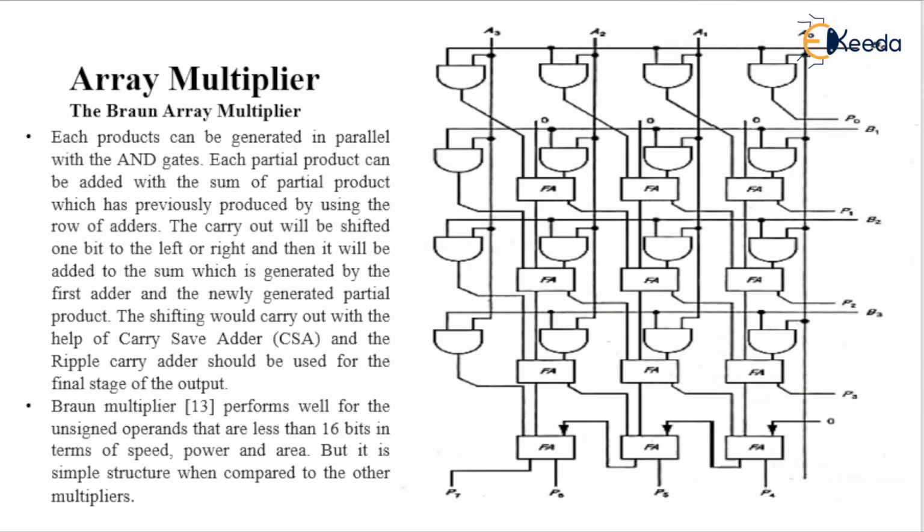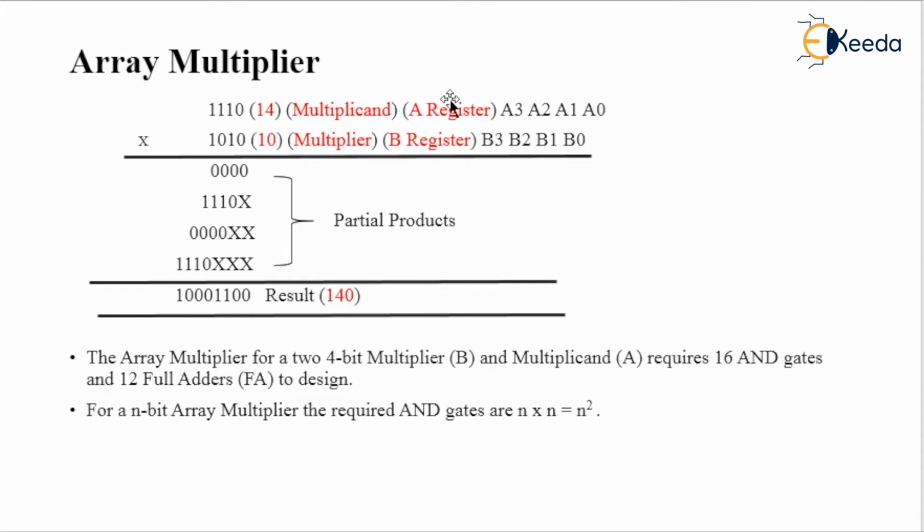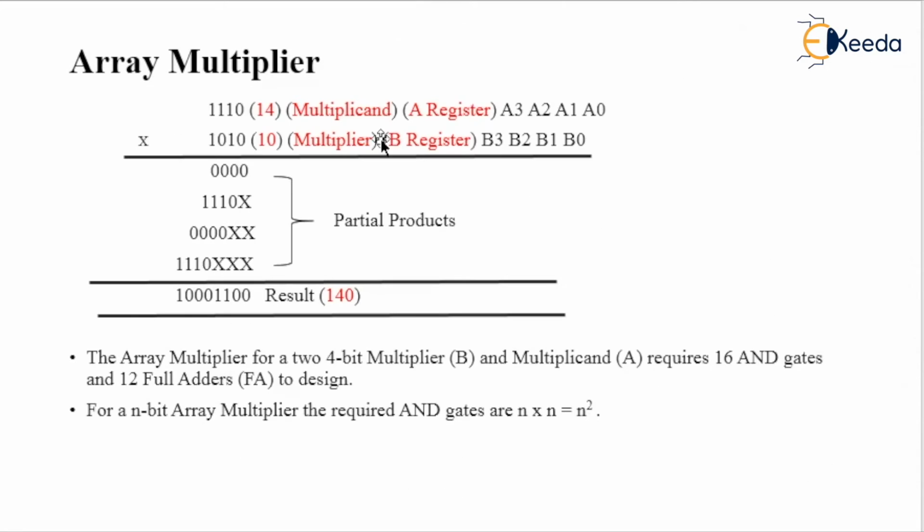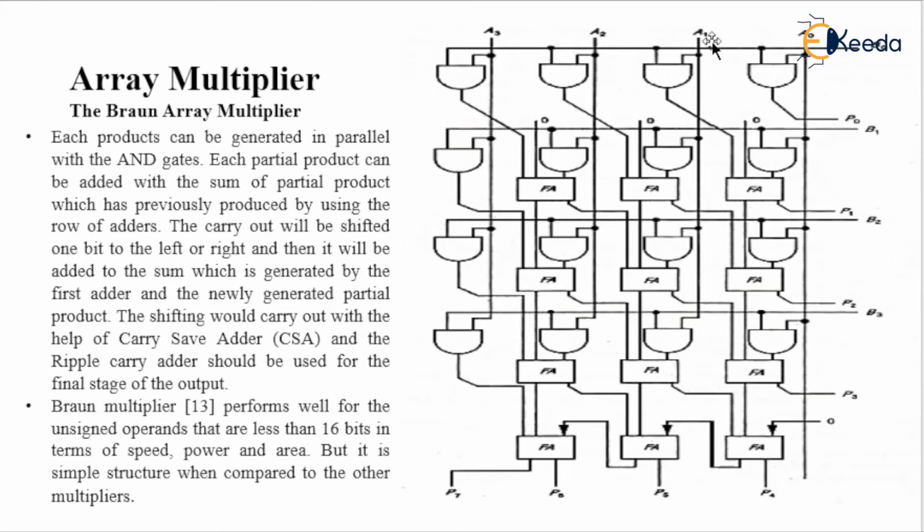So see carefully here. Now I am going to multiply 14 into 10. The multiplicand is the A register, so the multiplicand should be given with the inputs A3, A2, A1, A0. I am substituting 1110, so 1, 1, 1, 0.